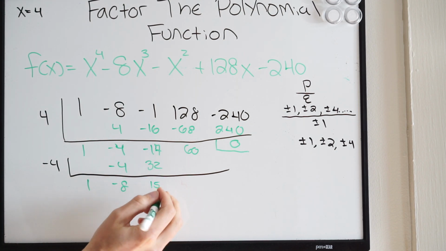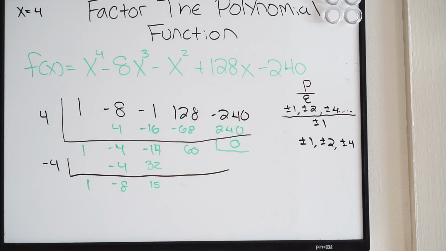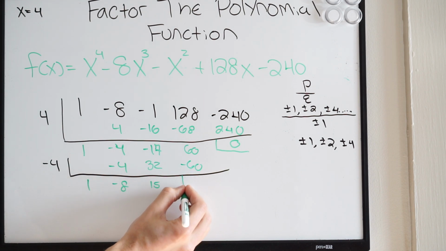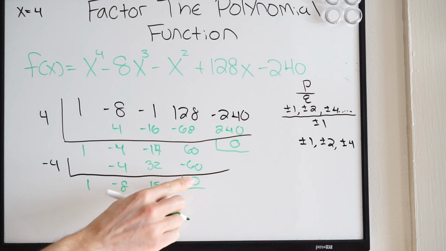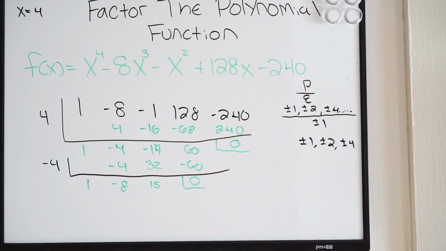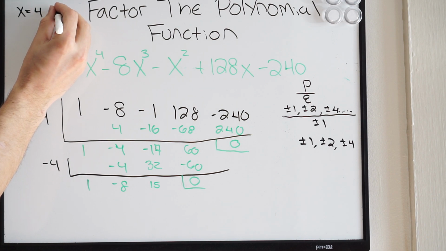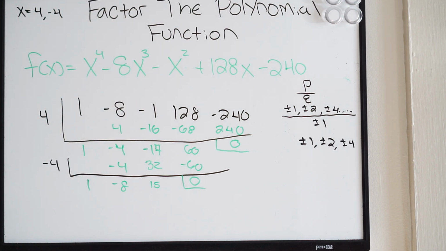And then 15 times a negative 4, well that's going to be negative 60. And again, I have a remainder of 0. So I know that negative 4 is also going to be a root of this function. This will come into play at the end. So negative 4 is also a root.